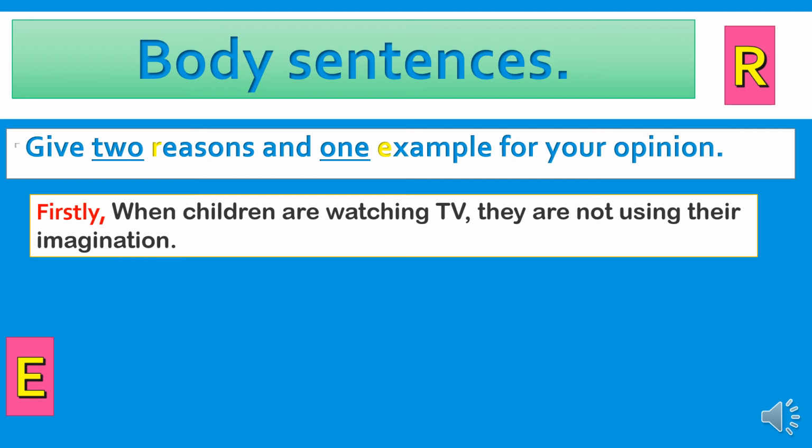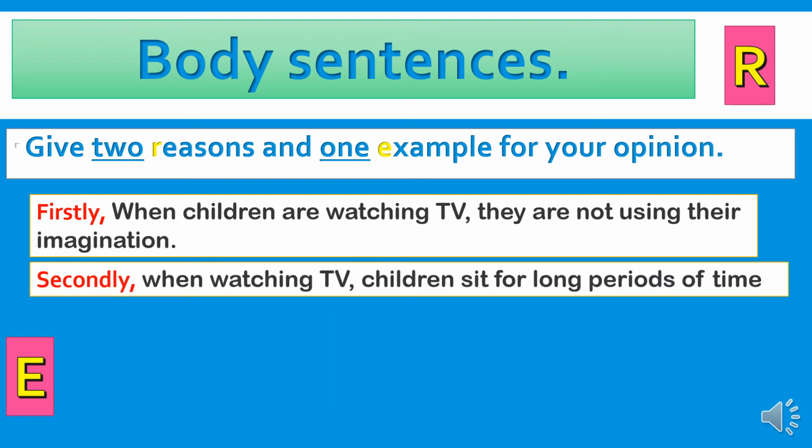Firstly, when children are watching TV, they're not using their imagination. So this is a reason why I don't like children to watch TV. This is the first reason. Secondly, when watching TV, children sit for long periods of time. So now I wrote 2 reasons.